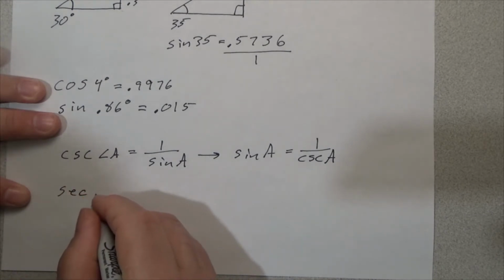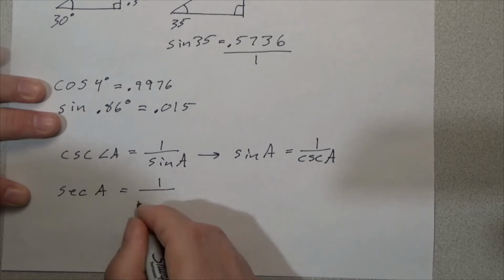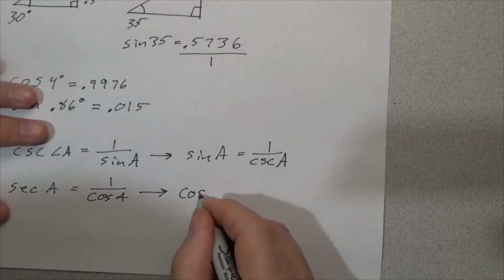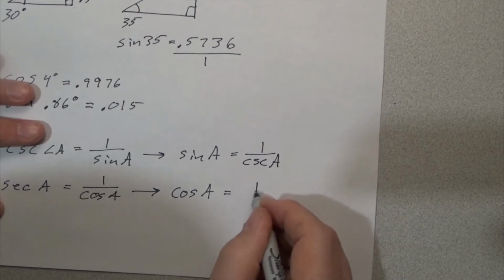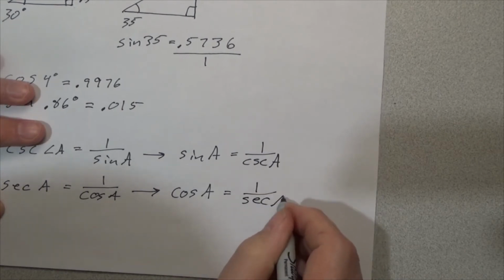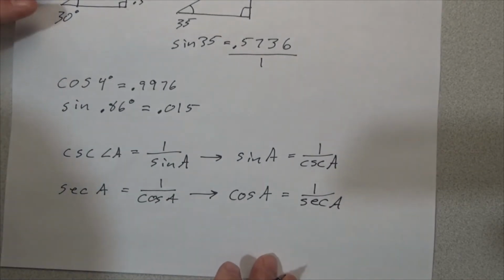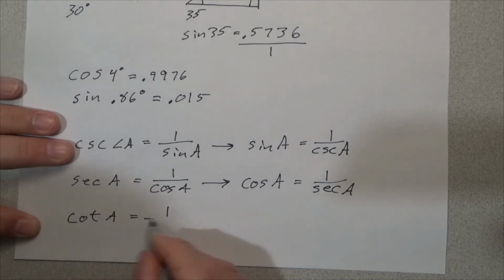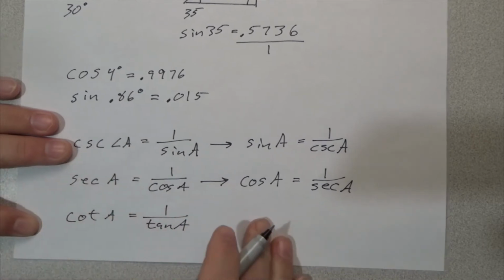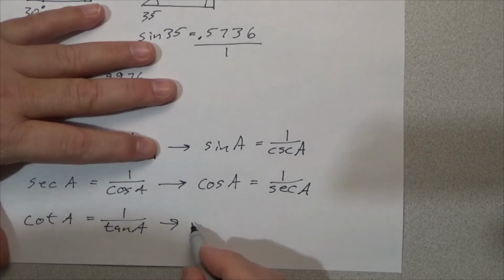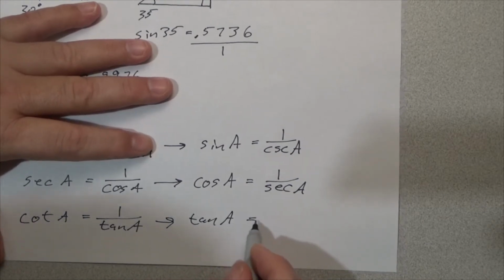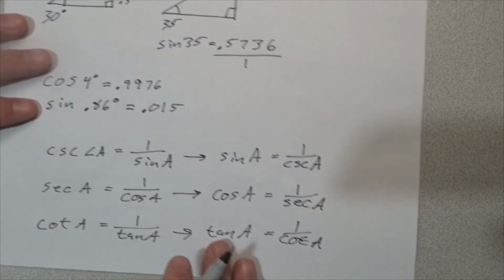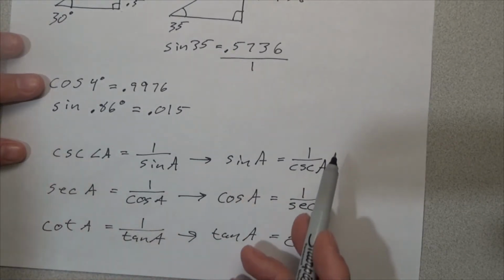And also we have secant of angle A is equal to 1 over the cosine of angle A. And that follows that if I have the cosine of angle A, that will equal 1 over the secant of angle A. And of course, with the tangent, they say we have the cotangent of angle A, that is equal to 1 over the tangent of A. Then of course that follows that the tangent of A is equal to 1 over the cotangent of angle A. Now, they didn't give you this part on page 846.